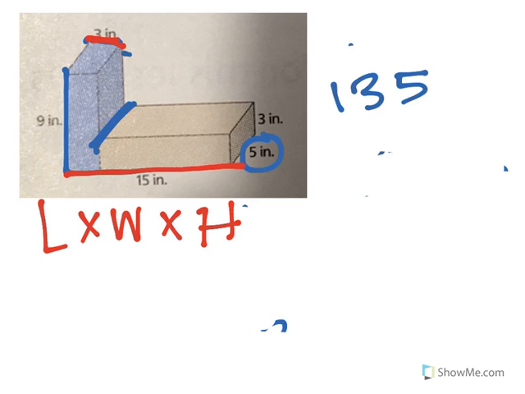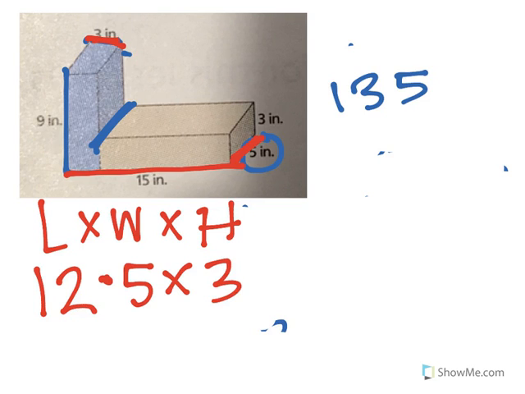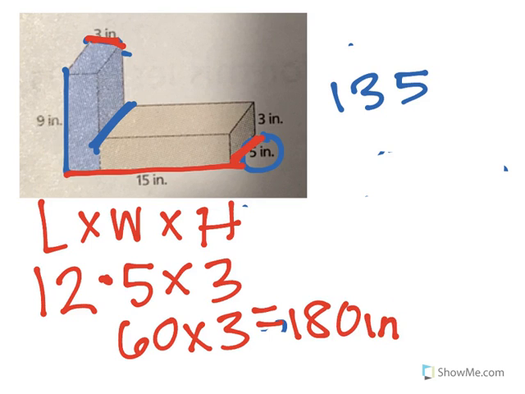So 15 minus 3 gives me 12 times my width, which is again 5, times my height, which I know is going to be 3, and I multiply that. So 12 times 5 is 60, times 3, which gives me 180 inches cubed.